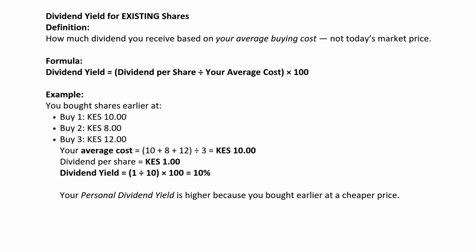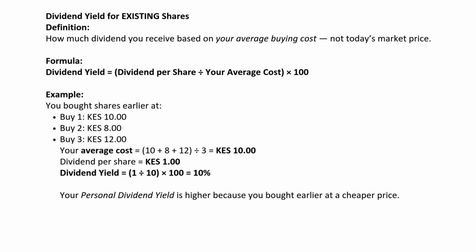I'll be doing a video next on how to combine portfolio valuation using stockanalysis.com, and you're able to manage all the brokers you have from one platform. So once you get the average cost, it's the same thing. The dividend yield is dividend per share divided by the average cost, now either from one brokerage or many brokerages, then times 100.